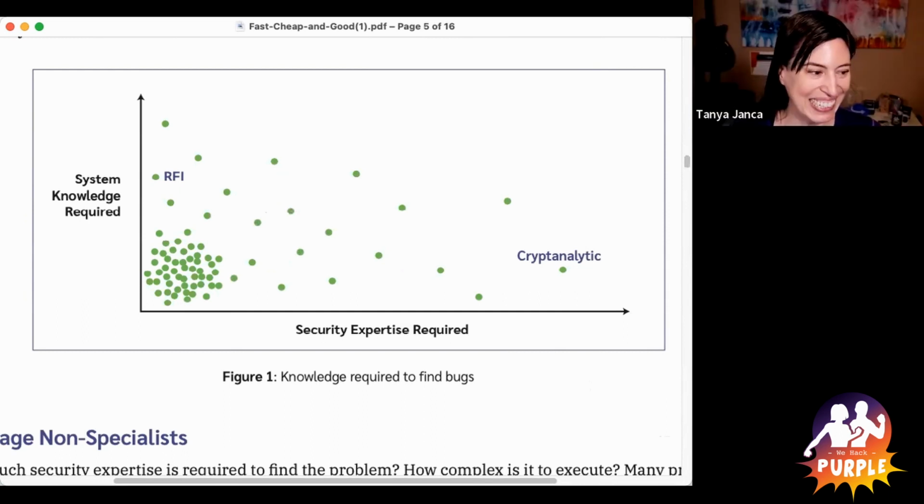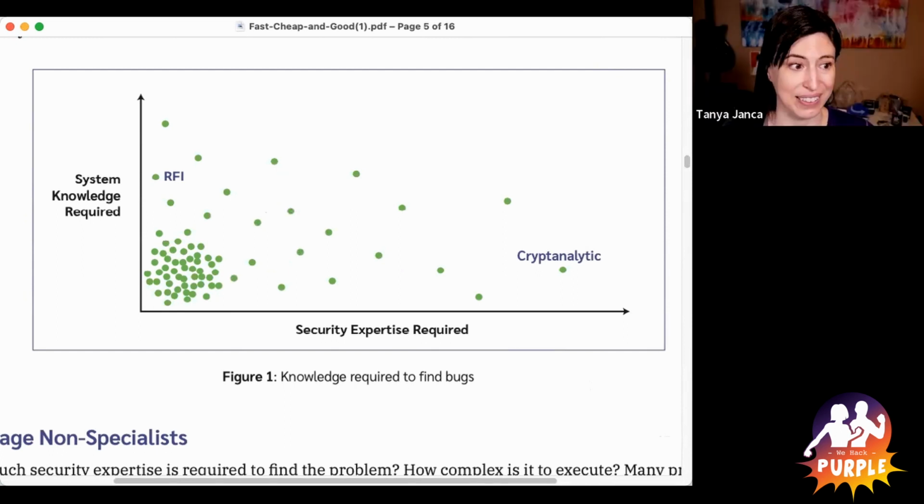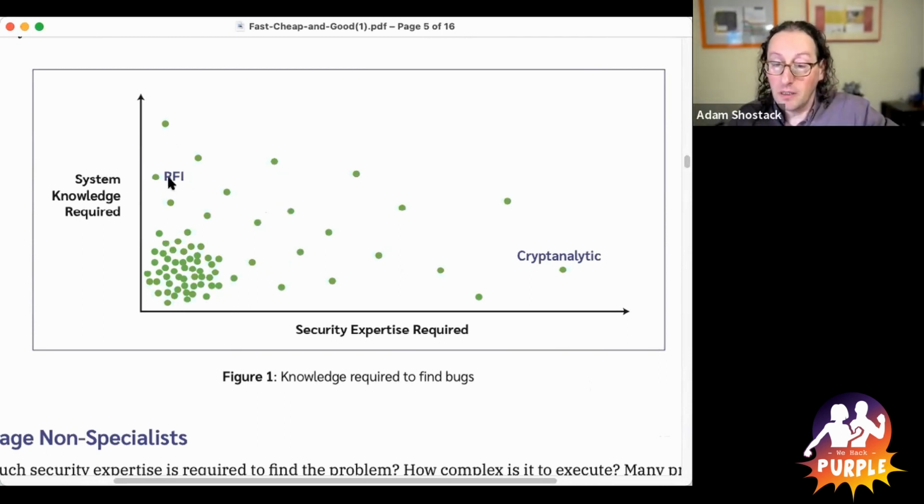So you see, remote file inclusion doesn't require very much security expertise. It doesn't. But it does require an understanding of the system.